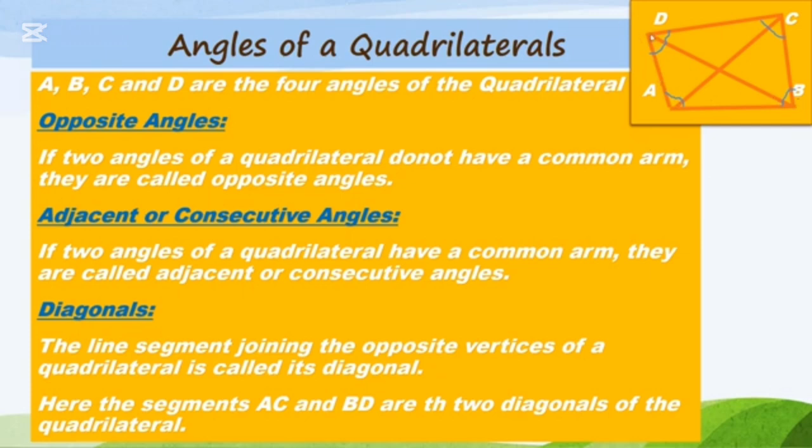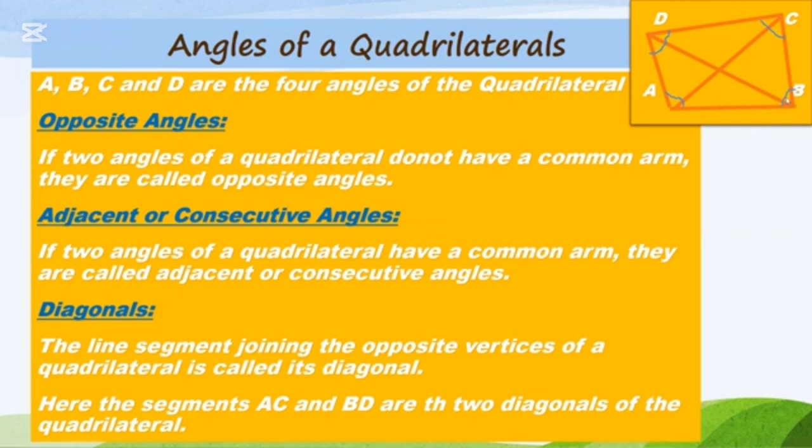Because here angle A means DAB and angle B means BAC, right? So they are sharing the common arm. So these two angles are adjacent angles, because they have a common arm between them.